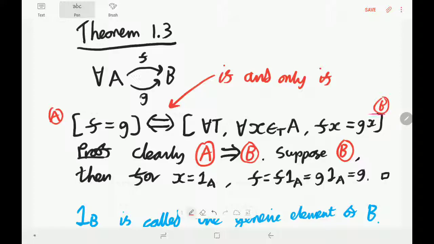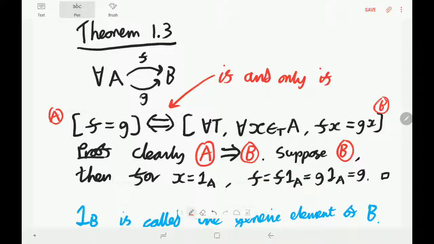Well, suppose B and take X to be the identity arrow of A. Then, since we're assuming B, we know that F of 1 of A equals G of 1 of A, so we have F equals G.